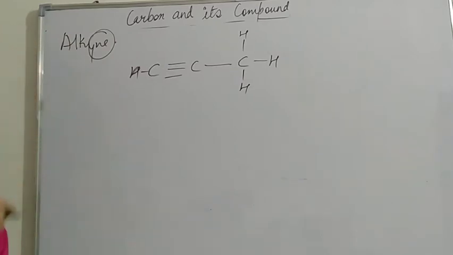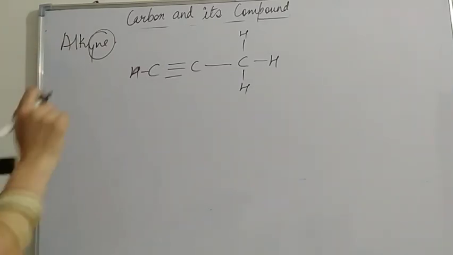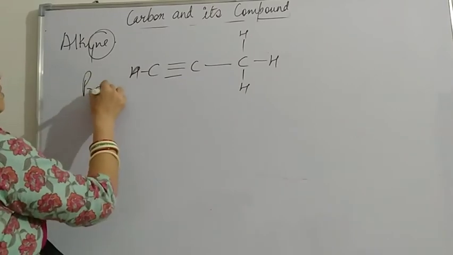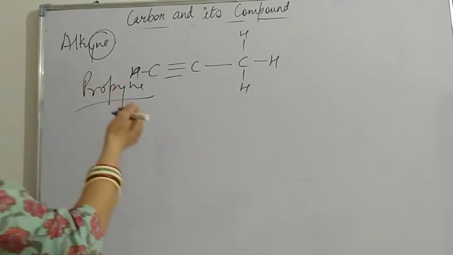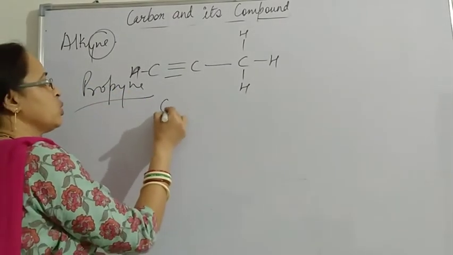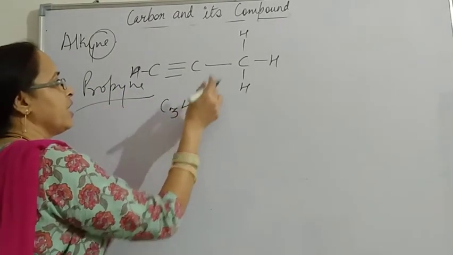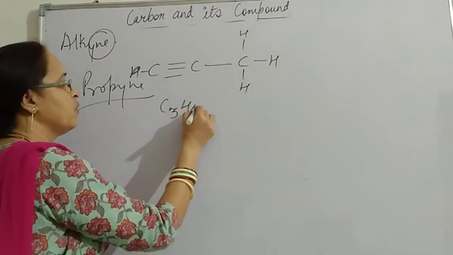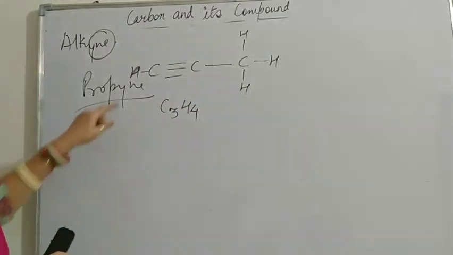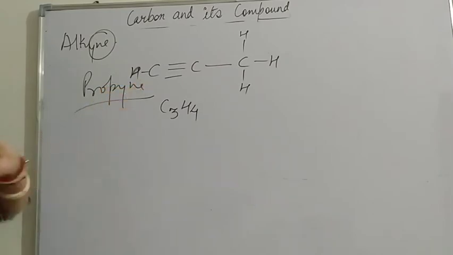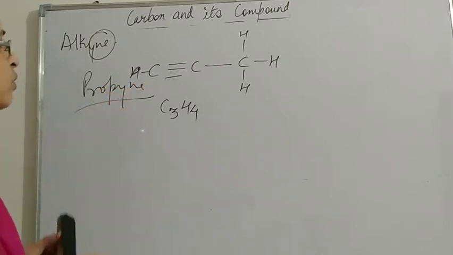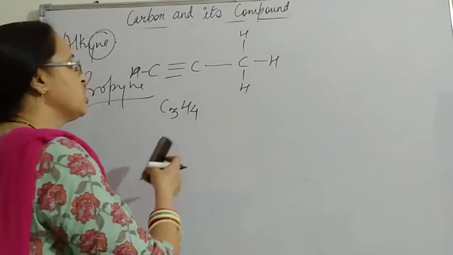So this was the structural formula of propyne. Now when we write the molecular formula, it comes to be C3H, 3 and 1, 4: C3H4.